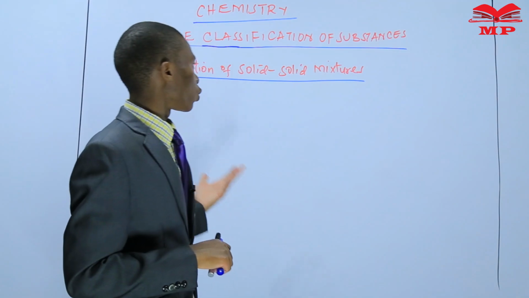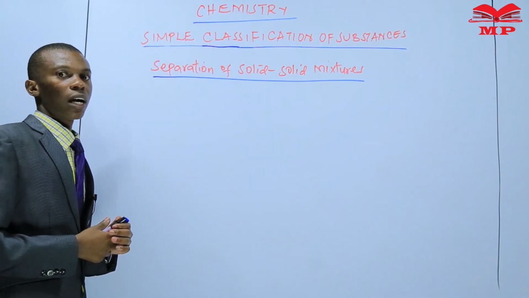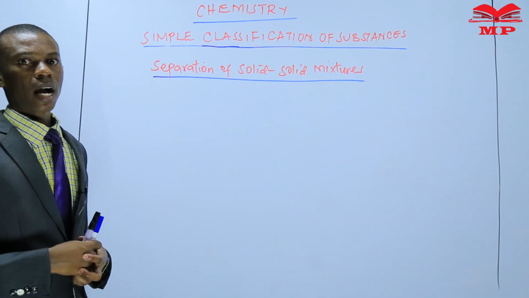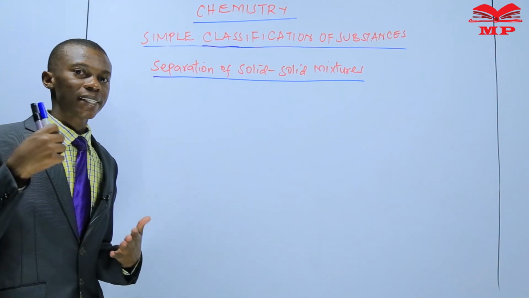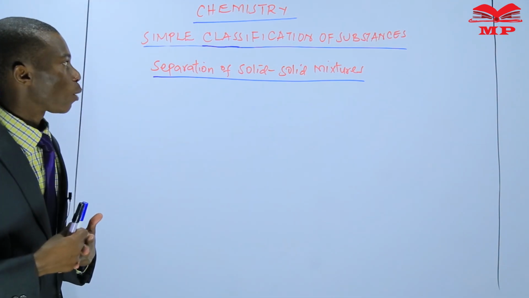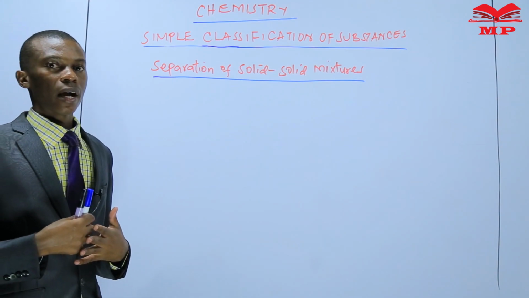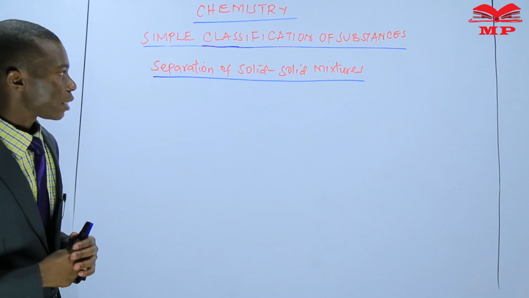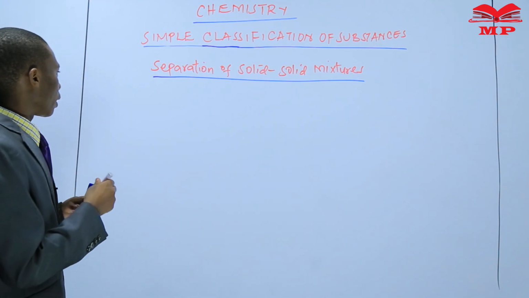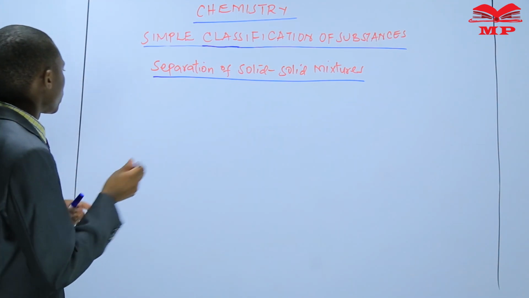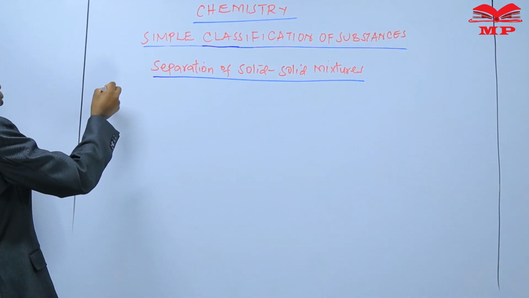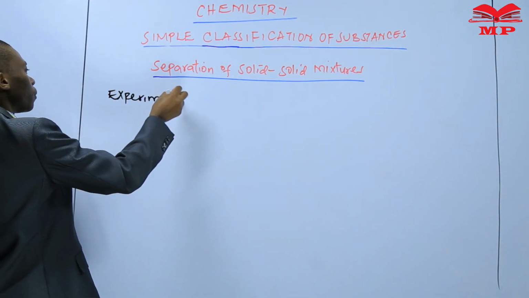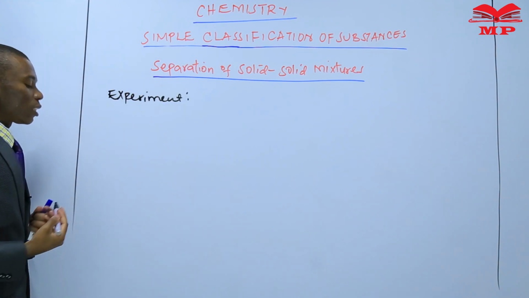In this separation of solid mixtures, I want us now to discuss how you can separate some mixtures. I want to start with a mixture of iron filings and sand. Let us do a simple experiment or demonstration.